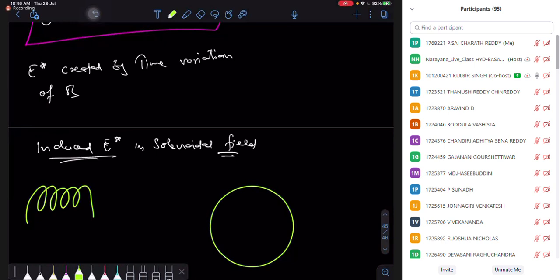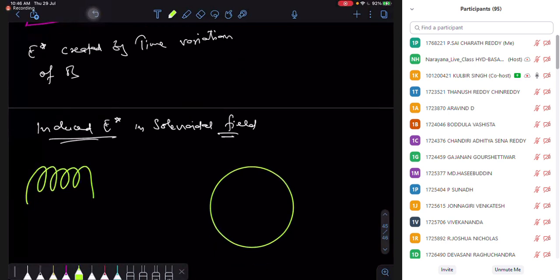If I make it as a side view, the magnetic field in the solenoid is along the length. So here I'm taking this as my magnetic field, this cross representing my magnetic field. Outside the solenoid, there is no magnetic field. So only in this limited zone, we have a magnetic field, with radius R.